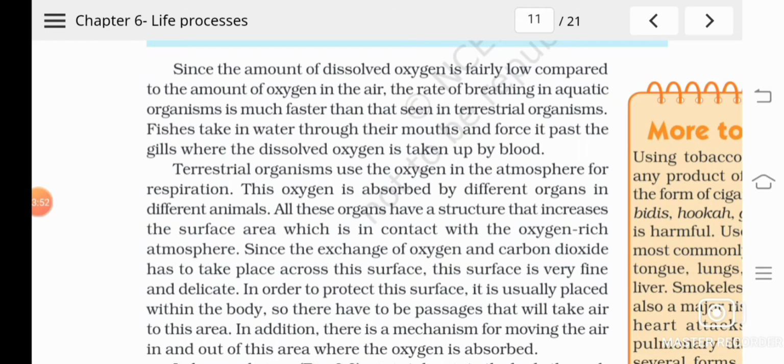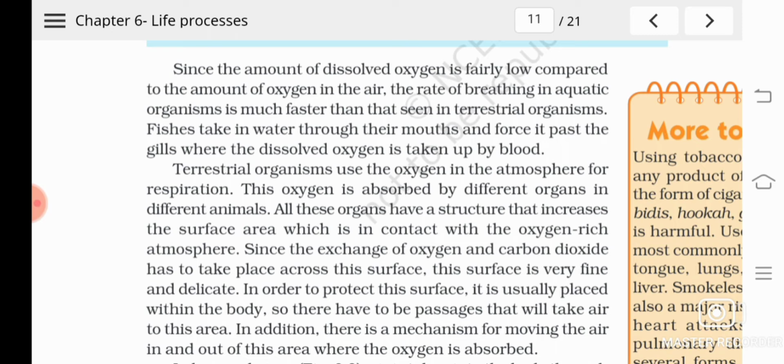As the amount of dissolved oxygen is less when compared to atmospheric oxygen, the aquatic organisms have to respire more times. The rate of respiration in aquatic organisms is more.